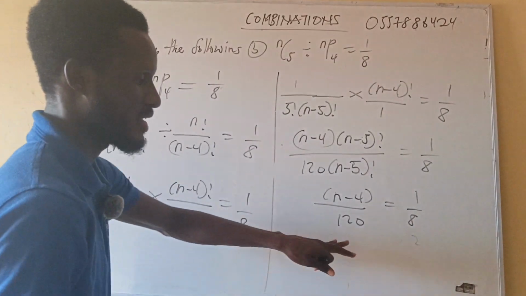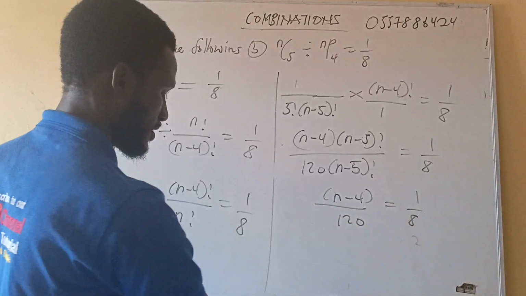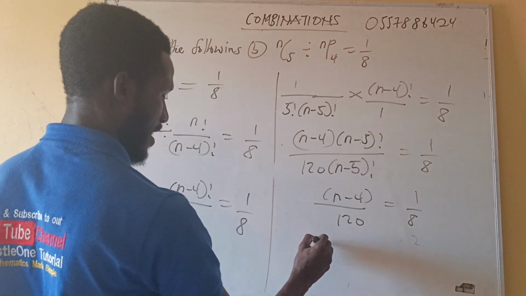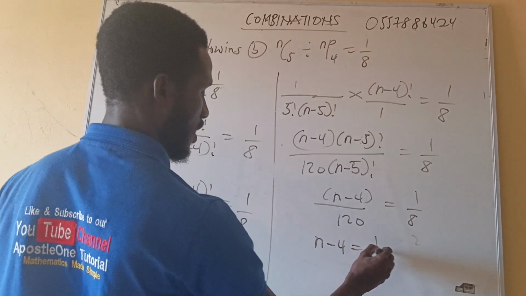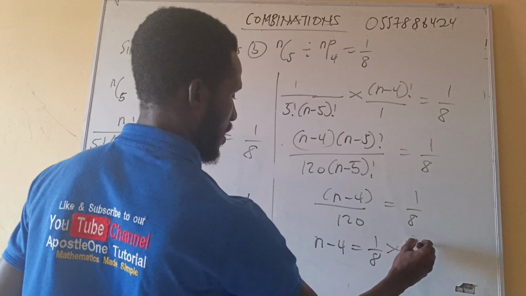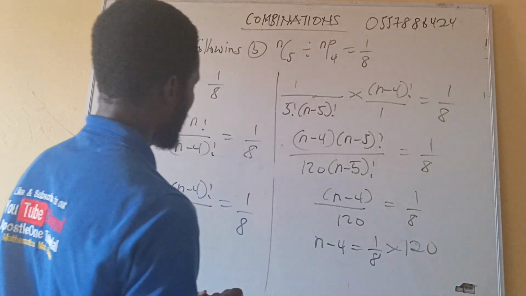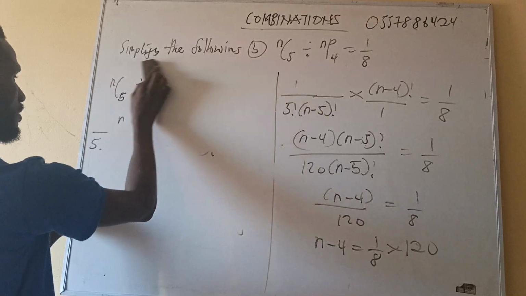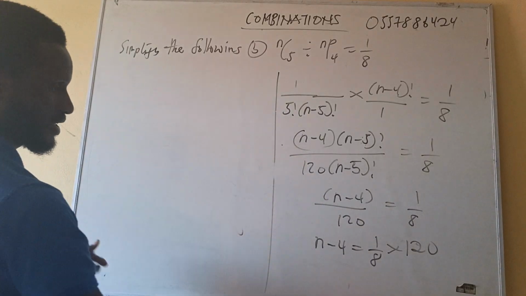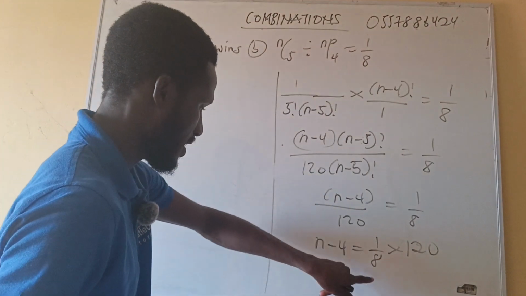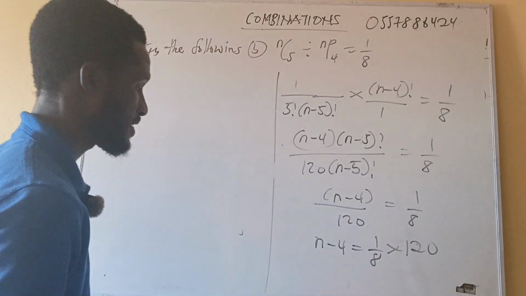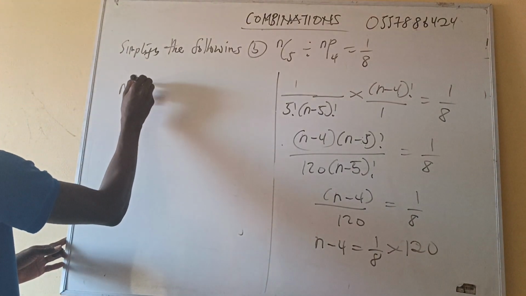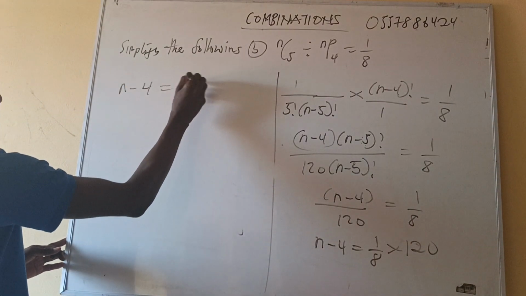Now at this particular point, I want to multiply through by 120. So I'm going to have n minus 4 is equal to 1 over 8 times 120. Now don't forget 8 goes into 120 15 times. So I'm going to get n minus 4 is equal to 15.